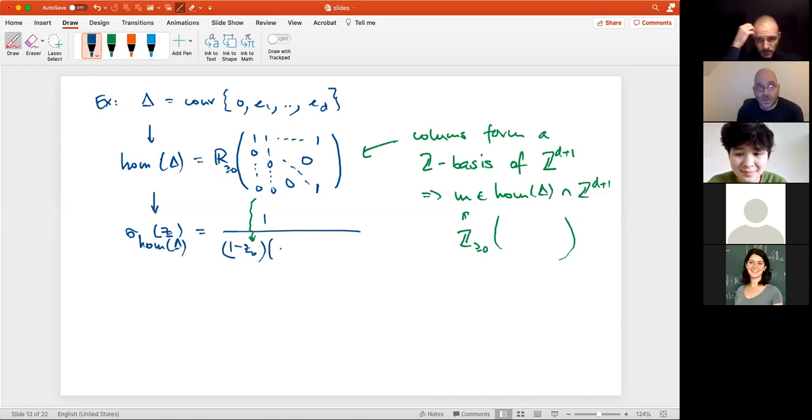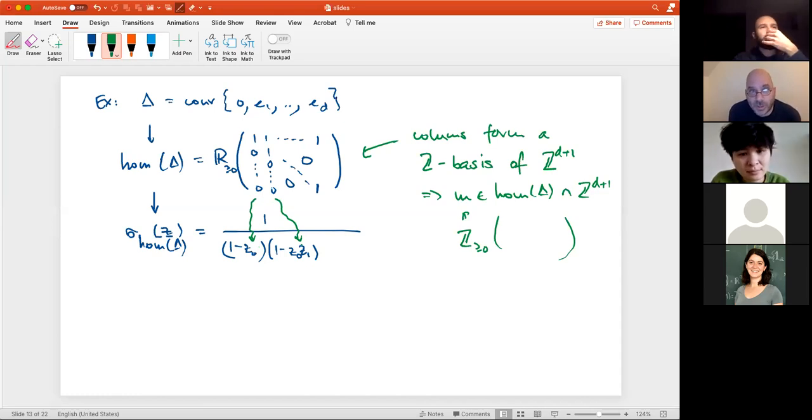The next one is 1 minus z0 z1. What you see here is the second generator: a 1 1 and then the rest is 0. So I'm building up monomials that correspond to these generators.